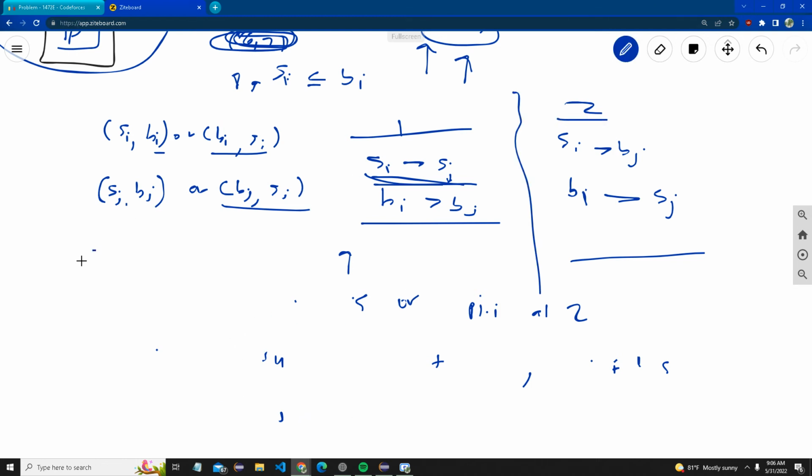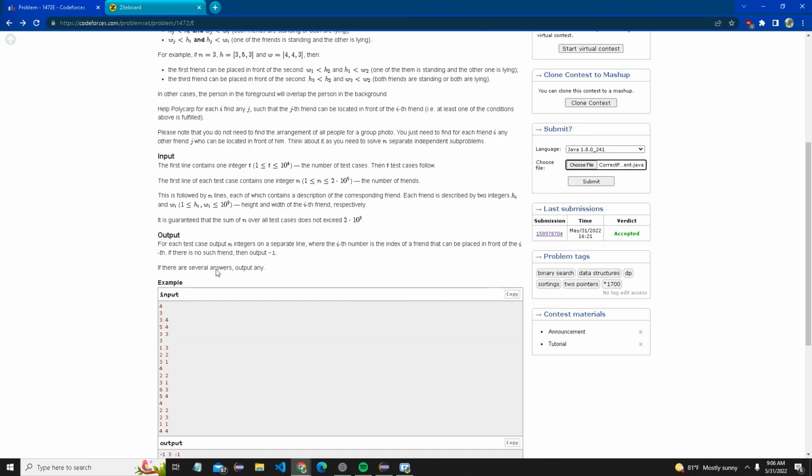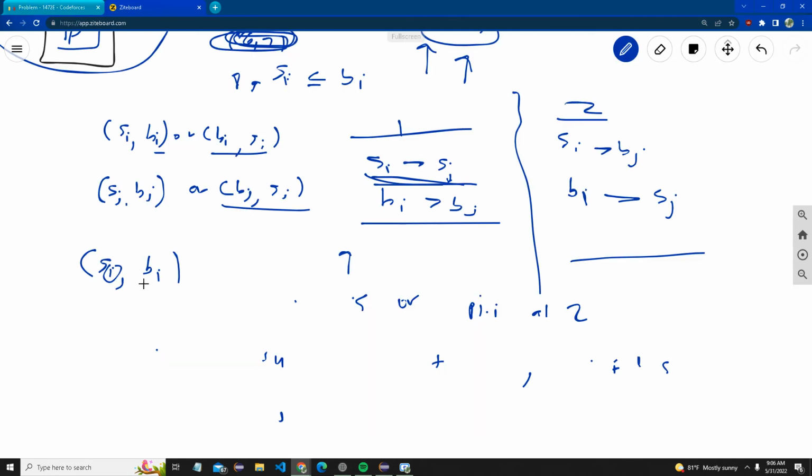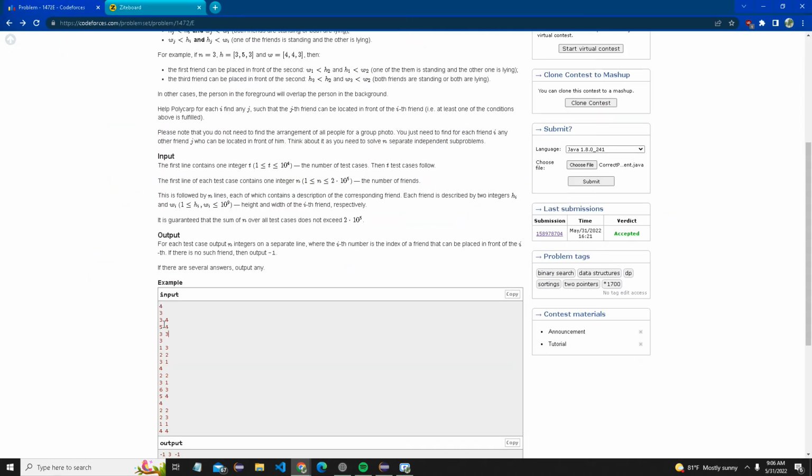So we've proven that a rectangle should always be in the form of S sub i, B sub i for all i. Essentially, when you're given rectangles like 3 4, 5 4, and 3 3, you always need to keep the smaller one first, and if there's no smaller one, then it doesn't matter.